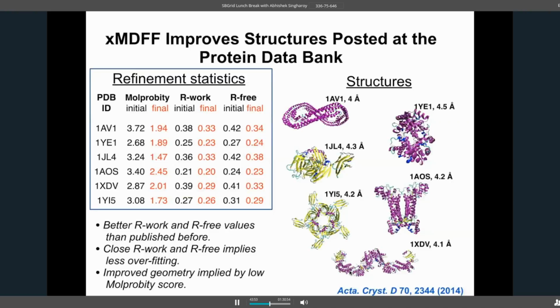MolProbity is something that always becomes very good in a molecular dynamics simulation framework, because the force fields are always very good in terms of giving you your side chains and backbone geometries. So you can always take it for granted that the MolProbity score is going to be really nice. And the other thing that we also see is that the difference between R work and R free has come down, which means that the amount of overfitting is not as much. It's in fact lower than whatever people had reported back in the day.